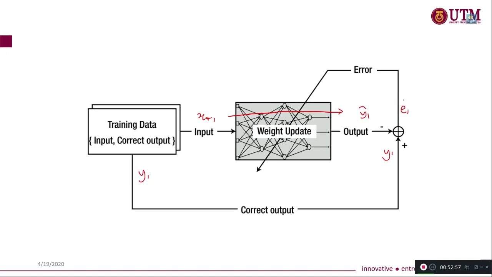Once you find the local error E, you will update your network. From E, you get all the delta.